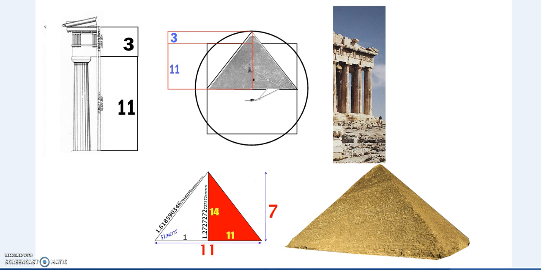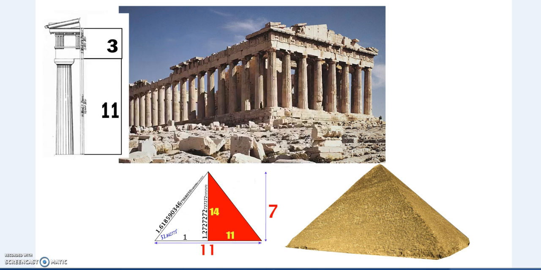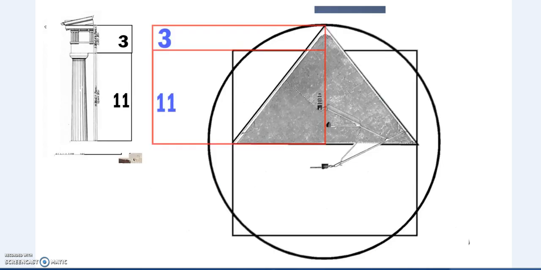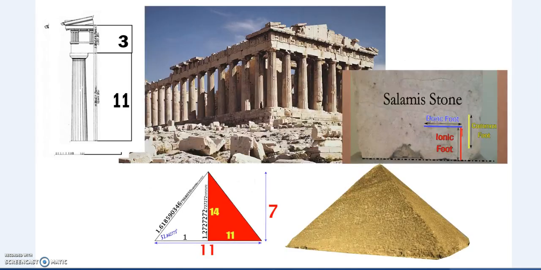But just sticking with the proportion here, the Parthenon and the Great Pyramid are actually linked in several ways. Now, here we see this 3:11 ratio, which also gives us a definition of a ratio of size from the sun to the moon, but that's the earth and the moon. But also we need to consider the Salamis stone, which shows that the allegedly modern English foot actually links to the Doric, the Ionic, as well as the Samian foot, I might add, as well as other ancient units of measure.